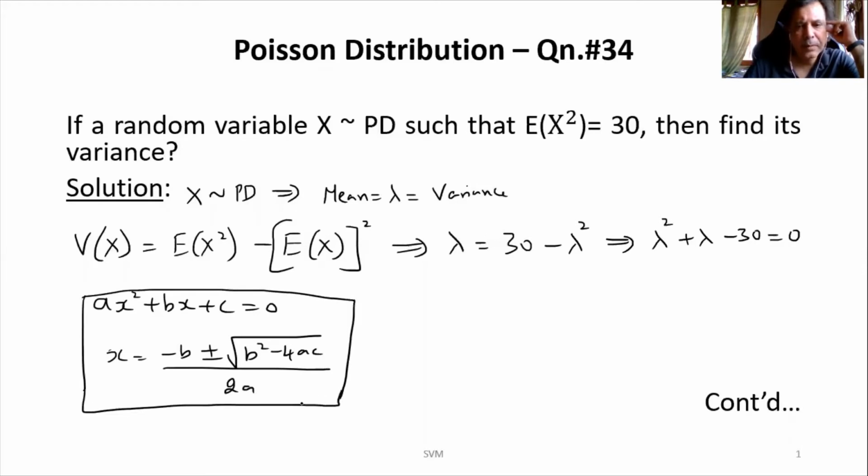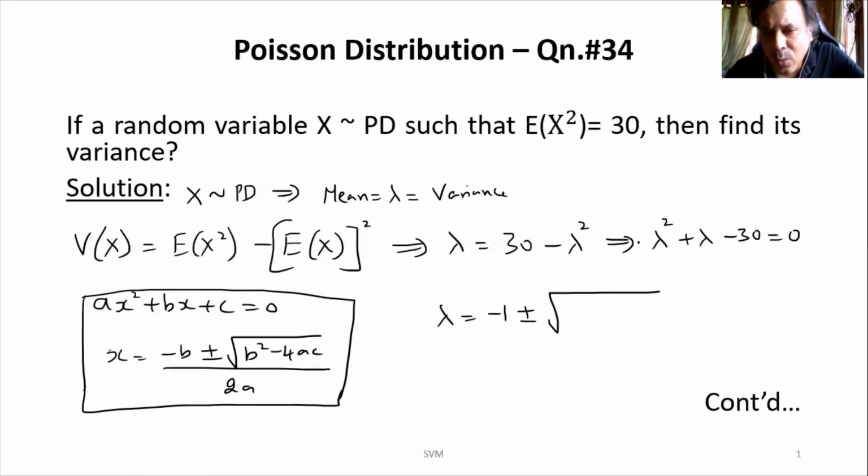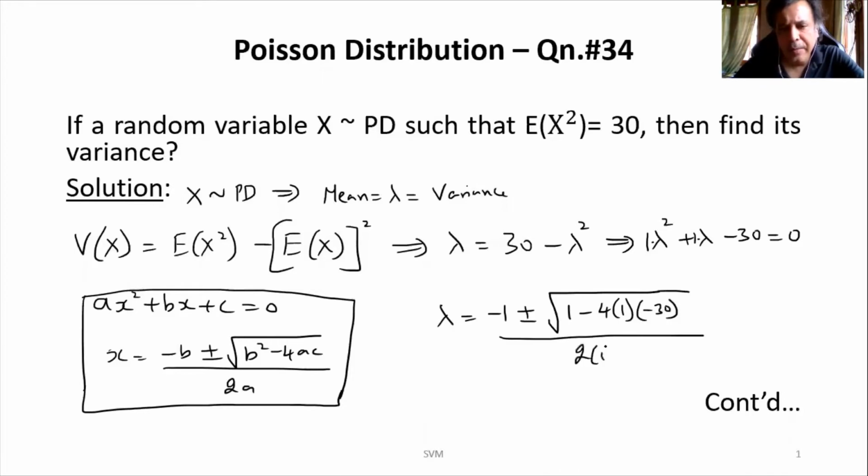So lambda equal to minus b, which is minus 1, plus or minus square root of b square. Here a is 1, b is also 1, so b square is 1 square, which is 1, minus 4 into a into c, by 2 times a.